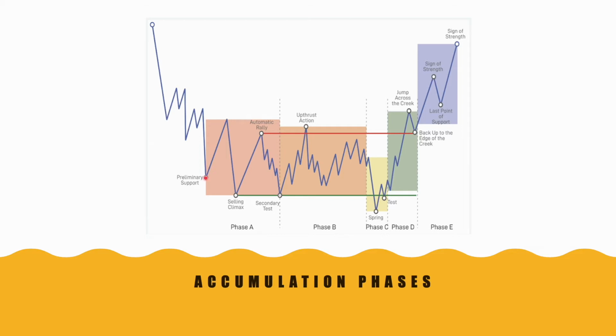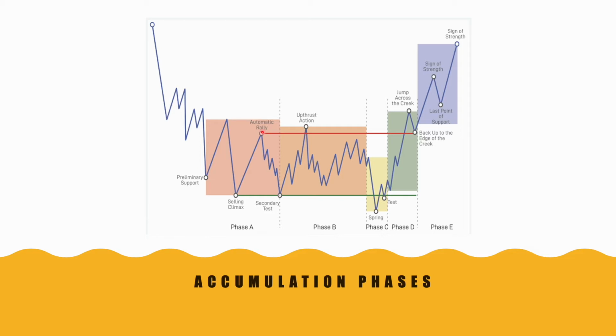Phase A begins at the preliminary support and ends with the selling climax. After that, we have an automatic rally. It is still considered phase A. Why? Because to build a cause, we need a range low and a range high.